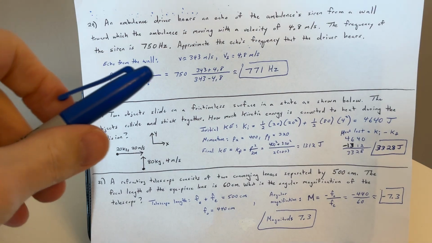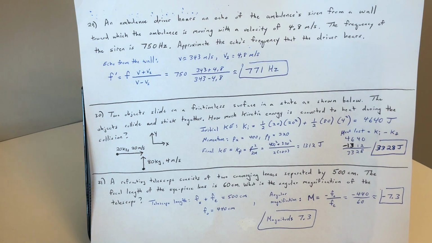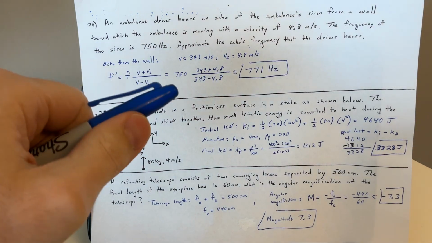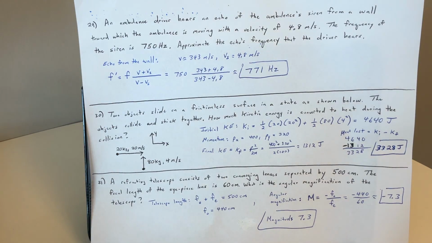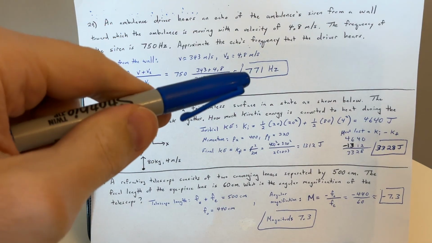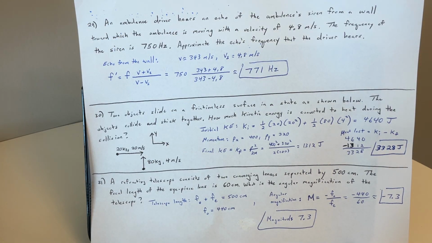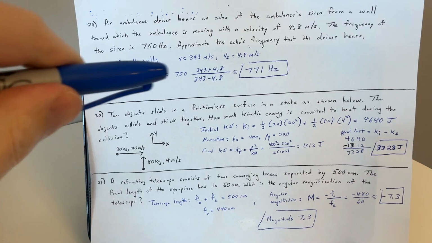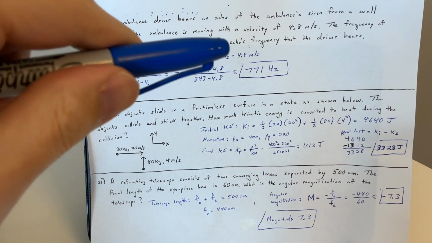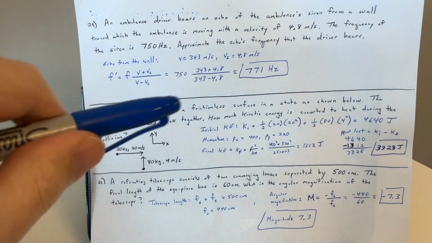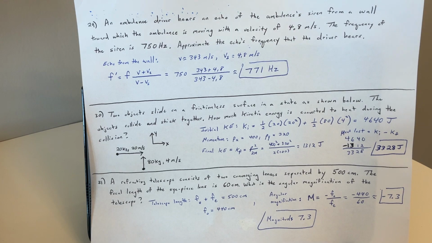So 343 plus 4.8 over 343 minus 4.8. Well, when we reduce that, we're going to get 771 hertz. Some people might use a different notation for the V and the V sub S, but here's the setup, 771 hertz.